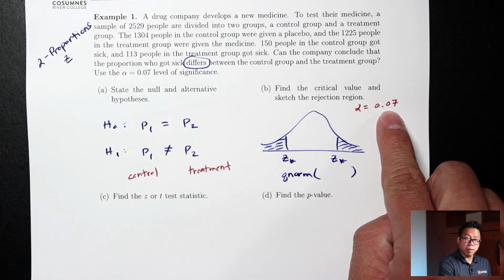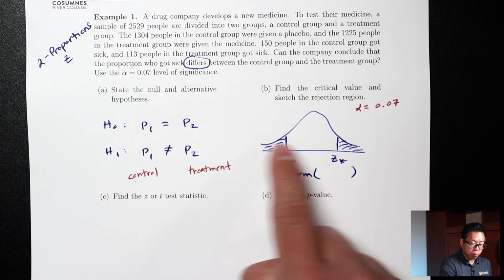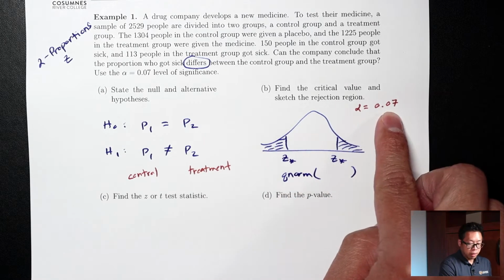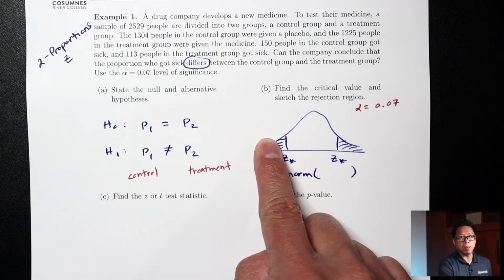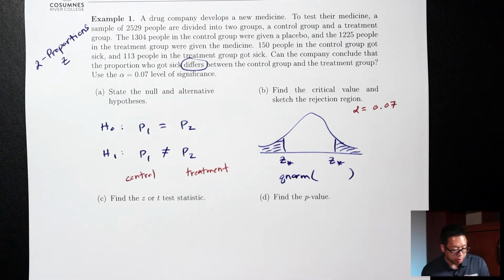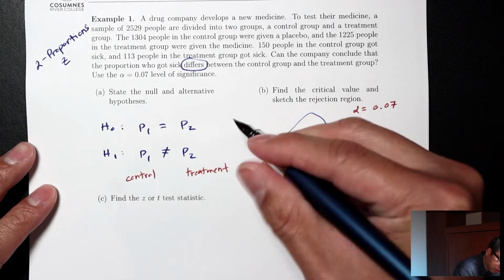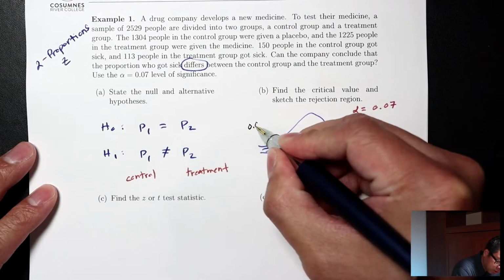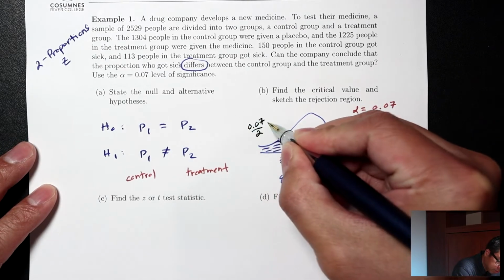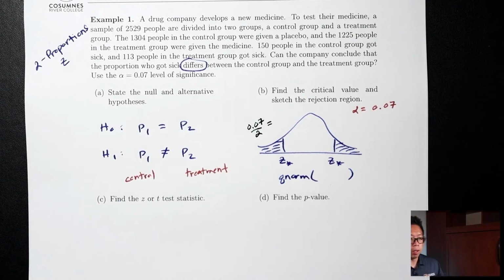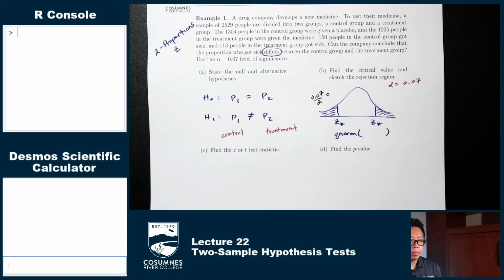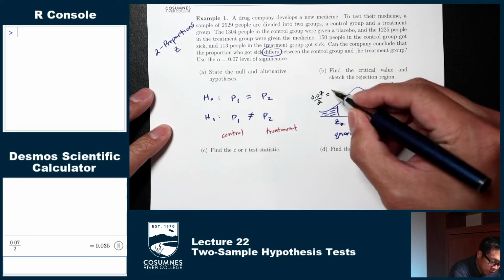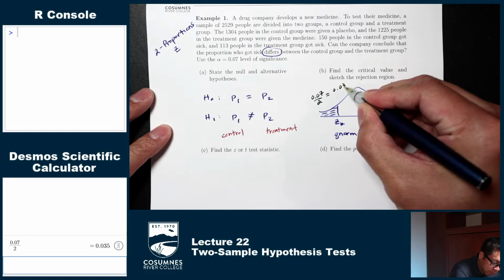It's not 0.07, so 0.07 is the left and right together. If I just want the left, divided by 2. So we'll divide by 2 to get just the left side. Okay, so on our calculator, 0.07 divided by 2 is 0.035.